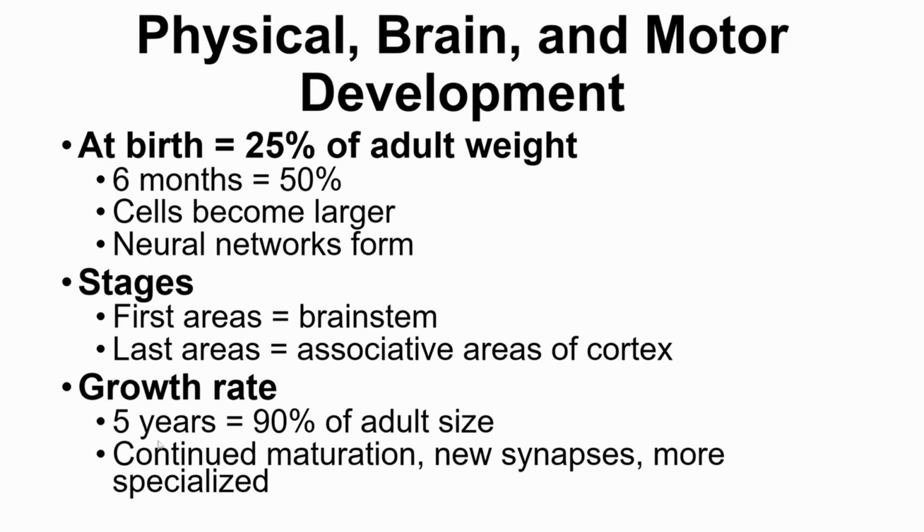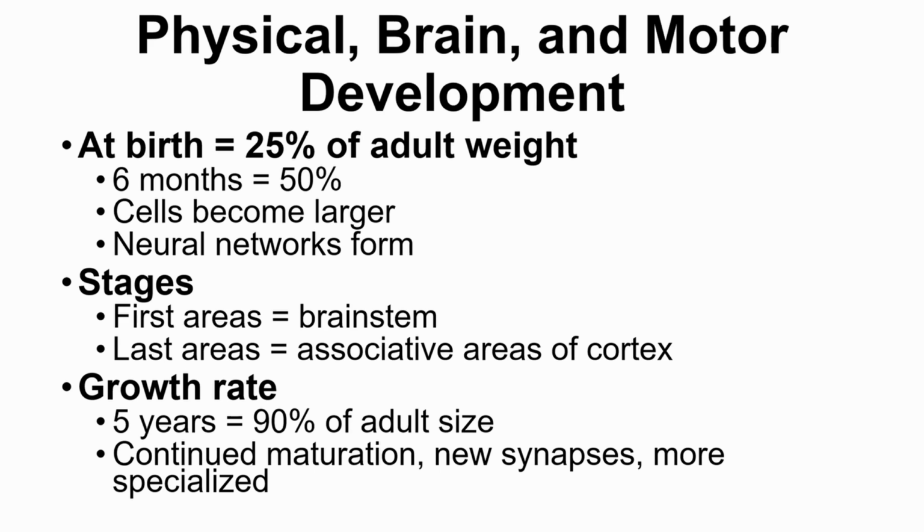And once we get into the 5 years of age range, our brains are up to 50% of adult size. So again, still very fast, though it slows after we get right out of birth. And as we get to this adult size, we're still seeing that maturation, still seeing more connections, and that progresses all the way until we're about 25, where we're finally coming into fully matured brains.